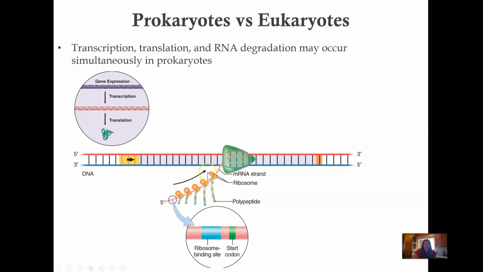And then you can see our ribosomal subunits, our 30S and 50S ribosomal units coming together to start translating protein based on this messenger RNA. So here we can see transcription and translation happening at the same time.